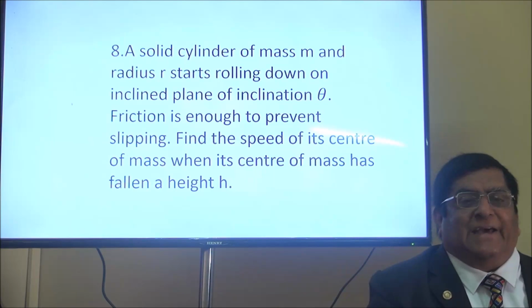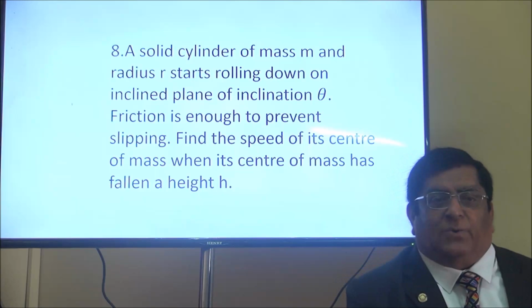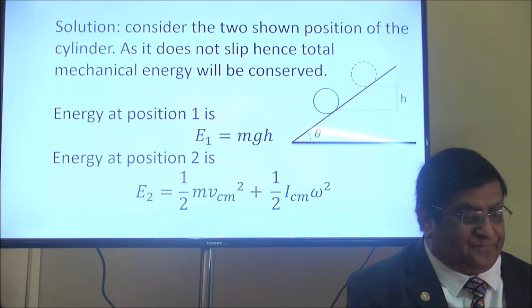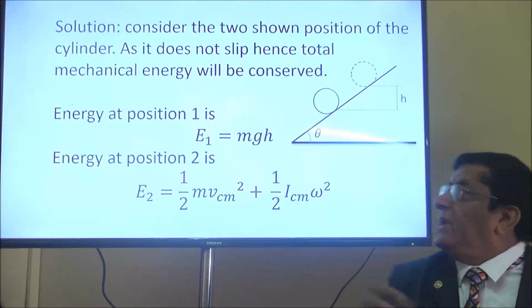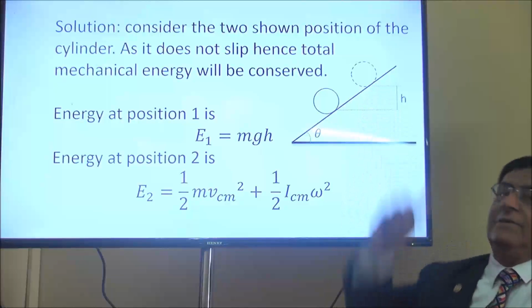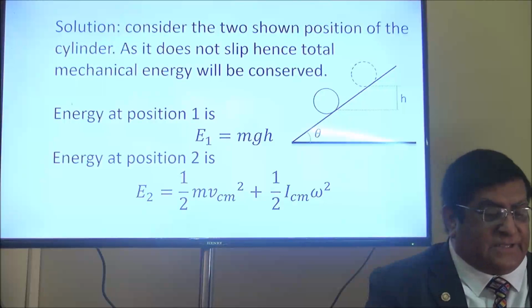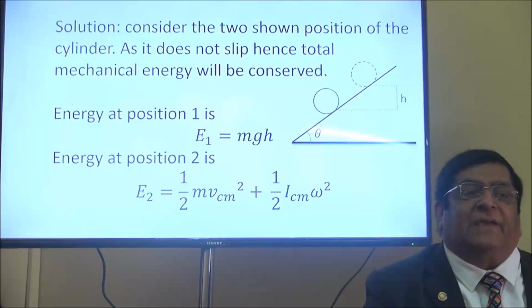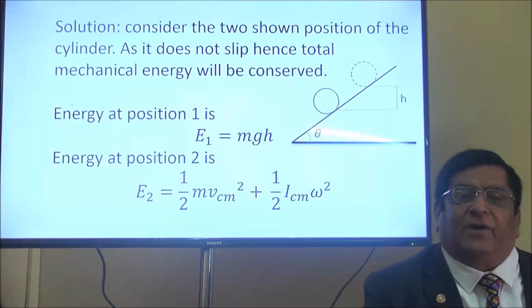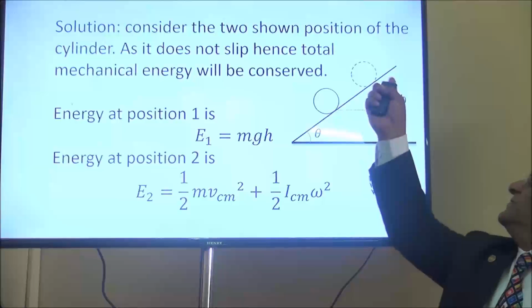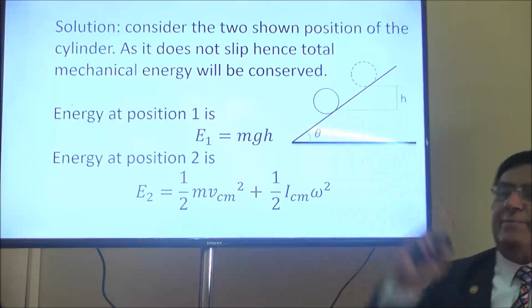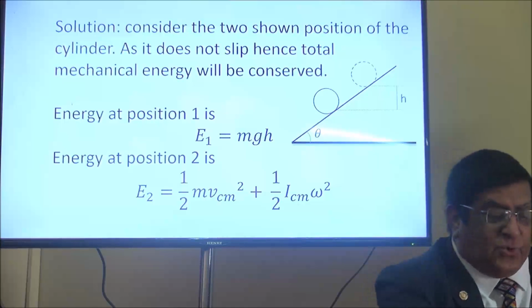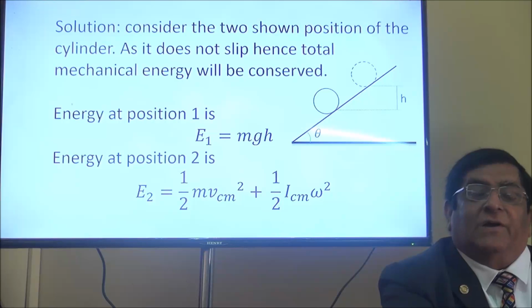Do you know the formula? Okay. But here, when it comes down, these are the two positions. And what is the difference of height? H is the difference of height. Now energy difference we can find out. How we can find out energy difference? By this H. From this point to this point, the energy difference is mgh. And once you know the energy difference, what will you know?